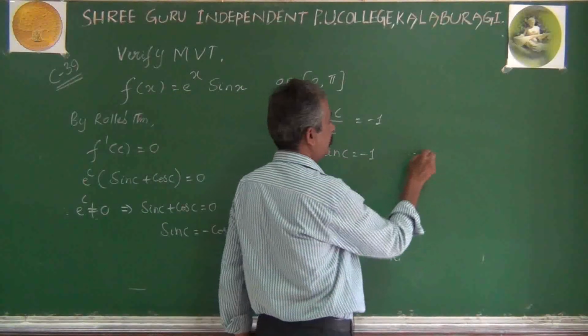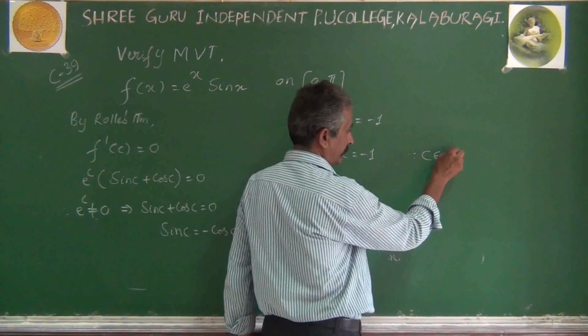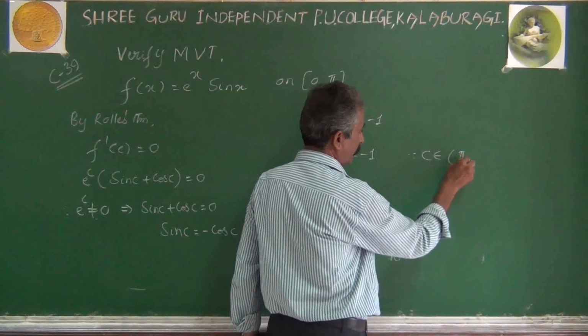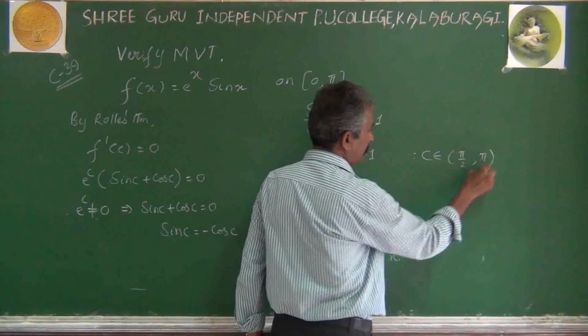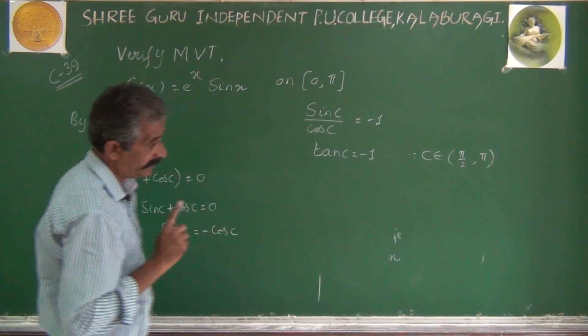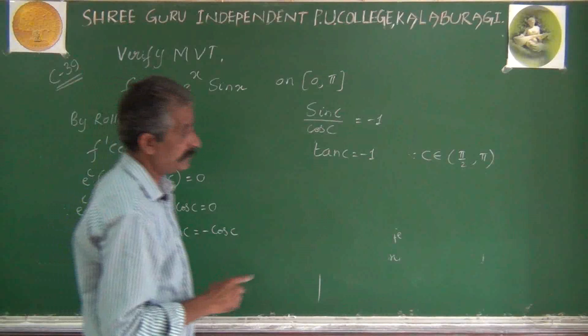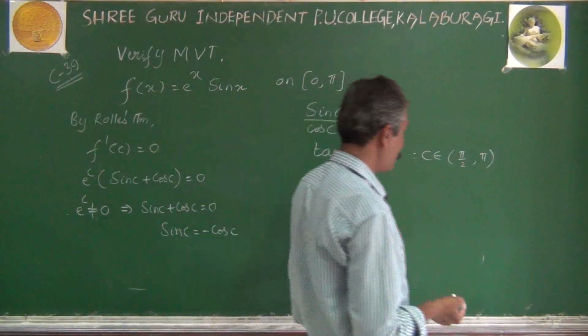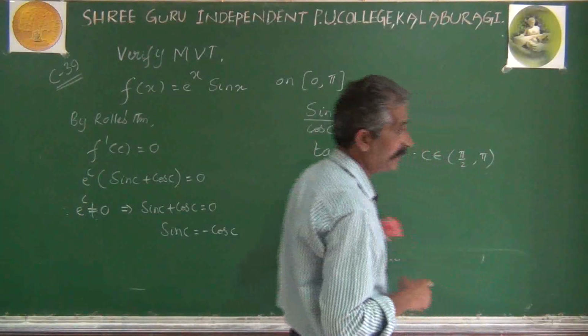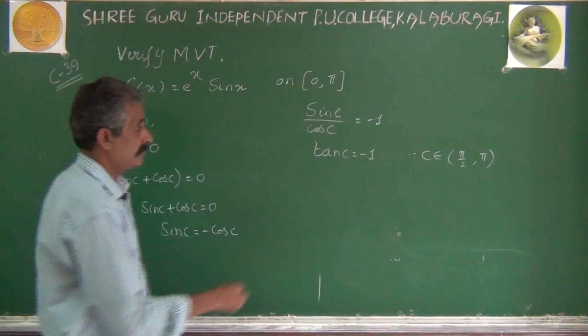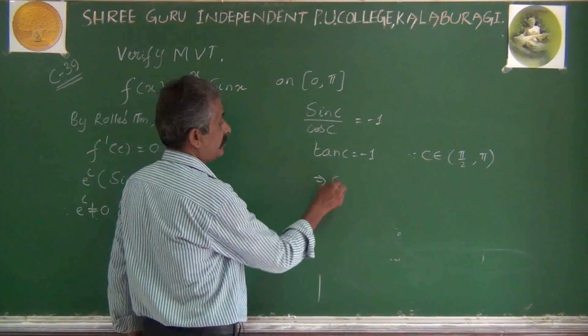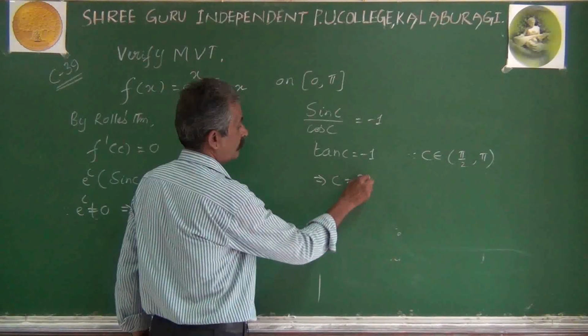Obviously, c belongs to the second quadrant, pi by 2 to pi, because tan is negative in the second quadrant. From PUC trigonometry, you know tan of 135 degrees is always minus 1, which implies that c equals 3 pi by 4.